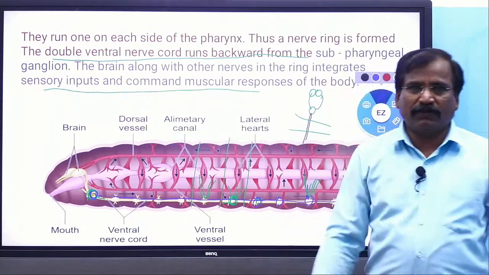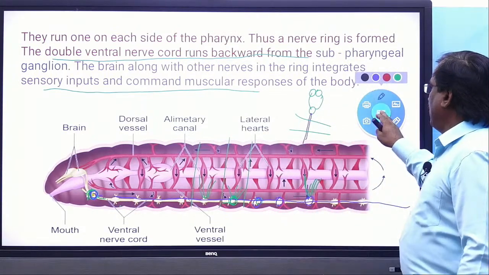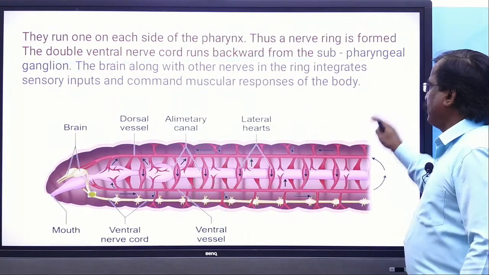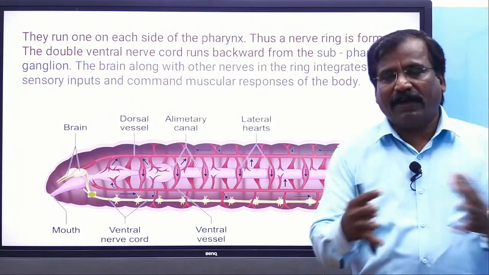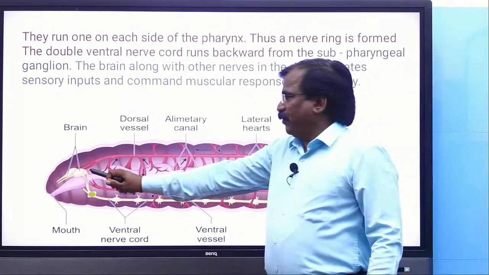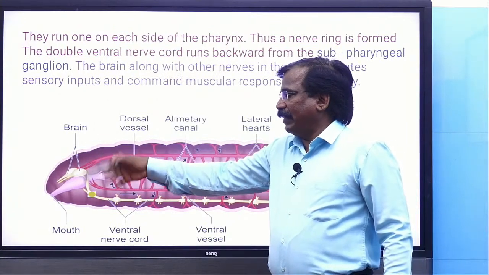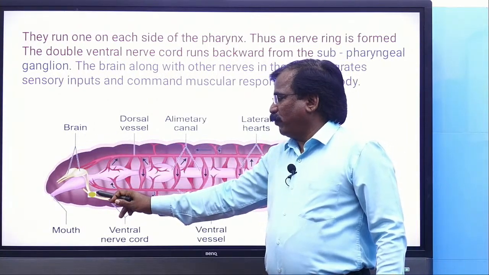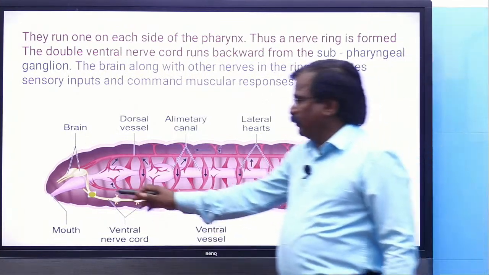Okay, they give responses. So this is the nervous system, that mechanism. How is it located, how is it arranged? See, once again repeating: the brain is located in the third segment above the pharynx, the suprapharyngeal, and in the fourth segment is another ganglion, called the subpharyngeal.